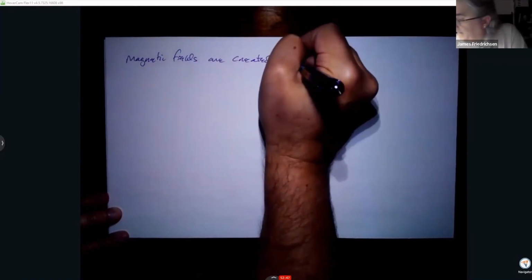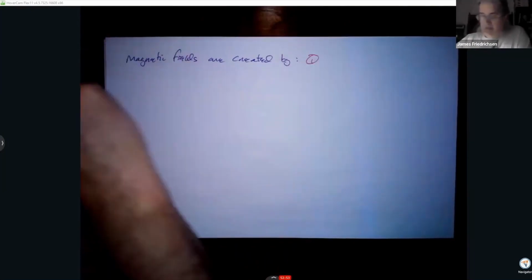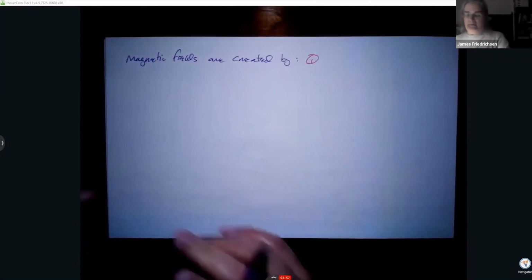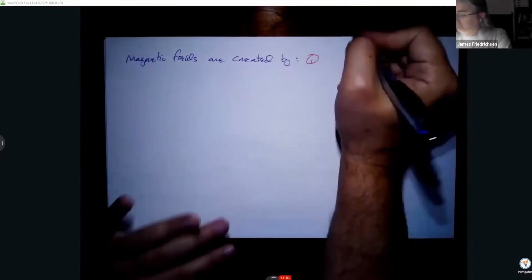So, magnetic fields are created by, number one, net magnetic moments of the particles that make up the atoms that make up the matter.